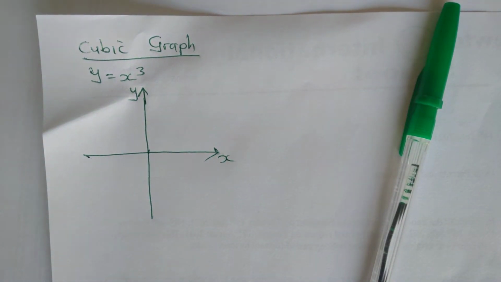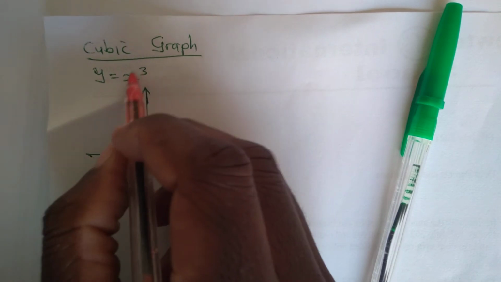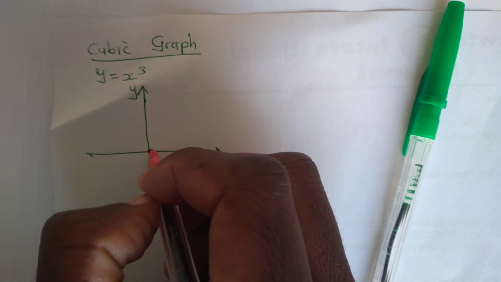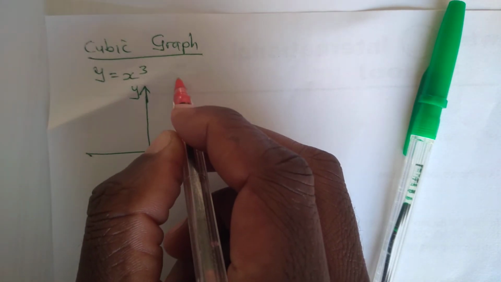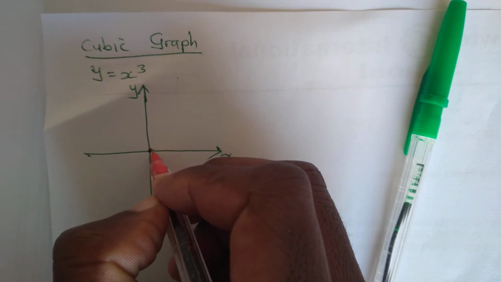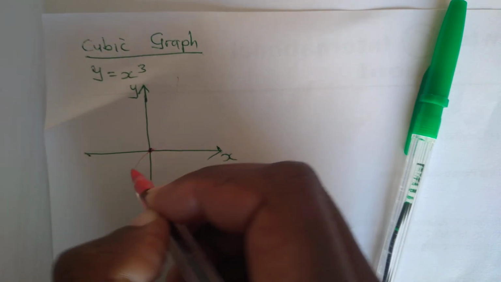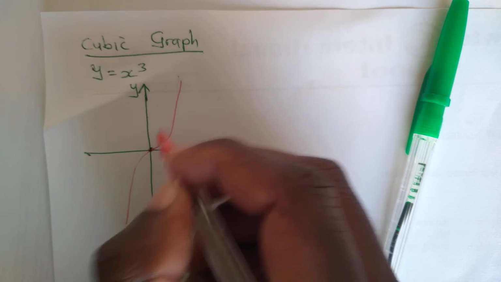But when x is increasing, y will also increase by a very big number. And when x is decreasing, y will also decrease by a bigger factor. So the graph will look like this.